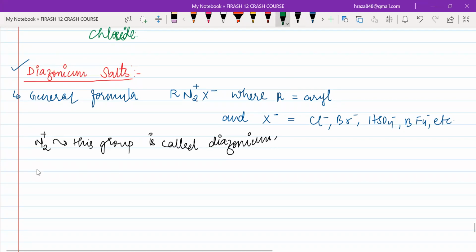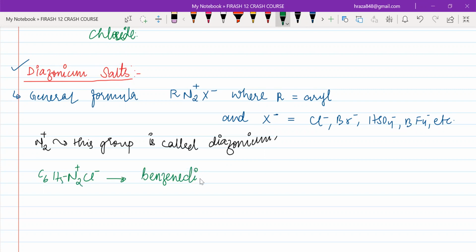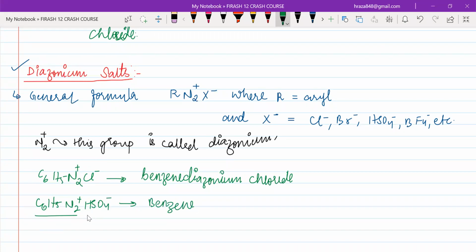For example, we can take C6H5N2+ Cl-, and its name is benzene diazonium chloride. Another example is C6H5N2+ HSO4-, and its name is benzene diazonium hydrogen sulfate.